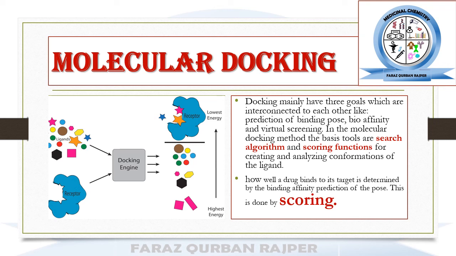So in this diagram you may see that this is the receptor and these are the different ligand molecules. In order to draw your attention, the ligand molecules are drawn in different attractive geometric shapes, like a star, circular, hexagonal and others. What is done is that these ligands and the receptor protein are docked in the molecular docking software, in which virtual screening is done.